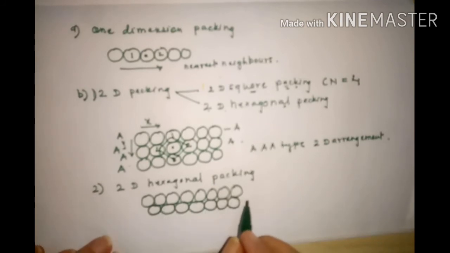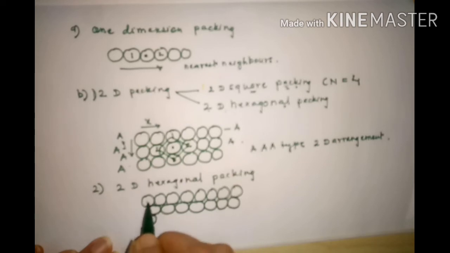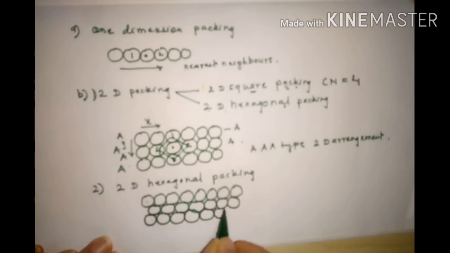Now if you consider the third layer, the spheres should coincide with the first row. You can arrange this way, so you are arranging the third row.